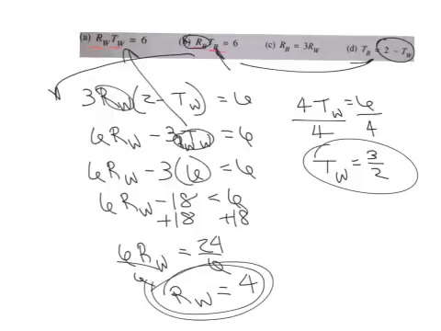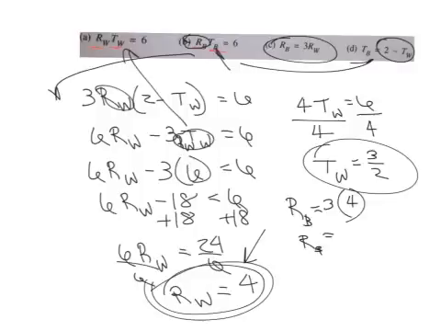Okay, now I have to go on and find my RB. So I'm going to take that one. And what is RW? It's 4. So RB then equals 12. And then, since my RB is 12, and I've got a TW and an RW, now I need to find this TB.